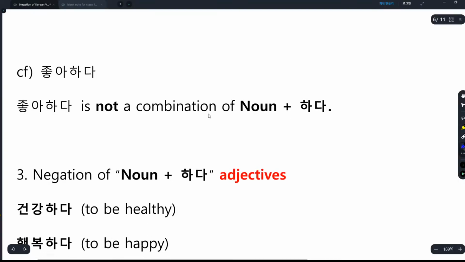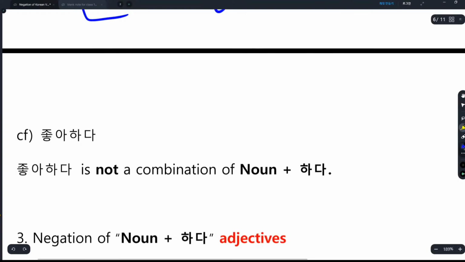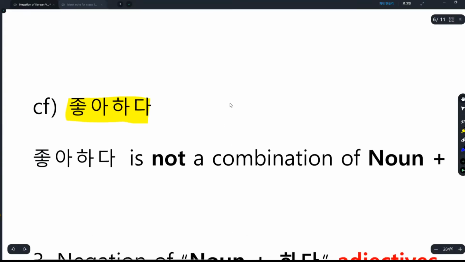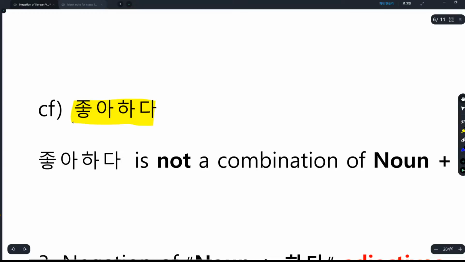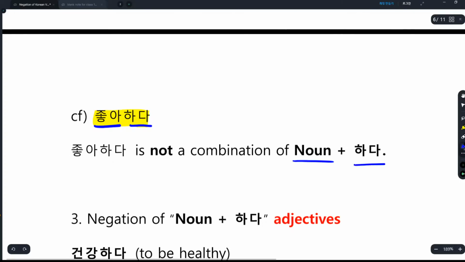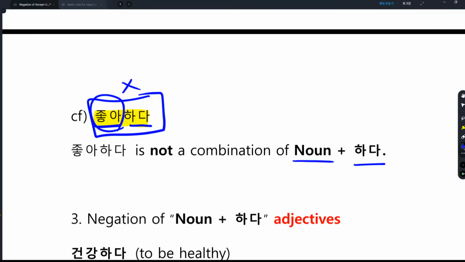Okay, and moving on, there's one thing to note about the 좋아하다 verb, guys. 좋아하다 also ends in 하다, right? So it looks like maybe it's a combination of 좋아 and 하다, but that is not the case, guys. 좋아 is not a noun. 좋아하다 is just its own verb that doesn't stem from anything.